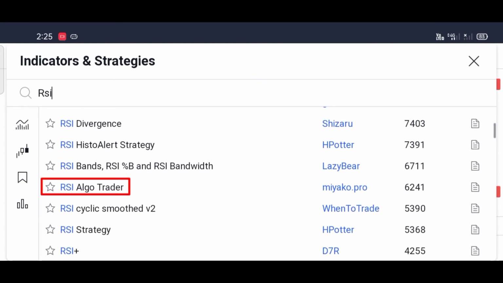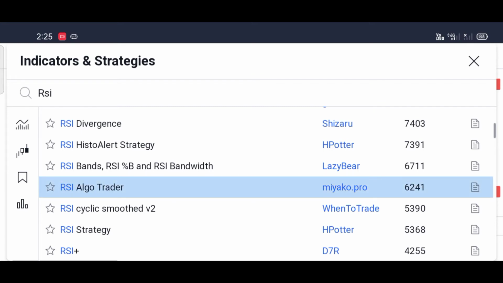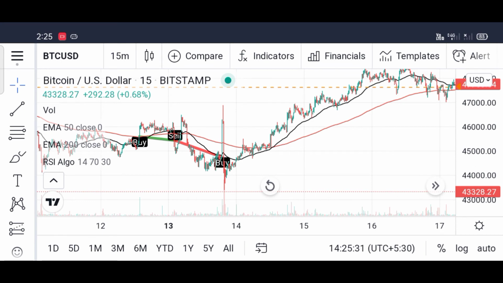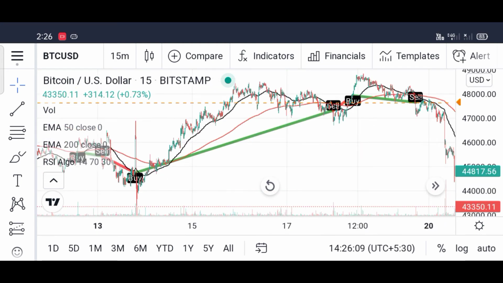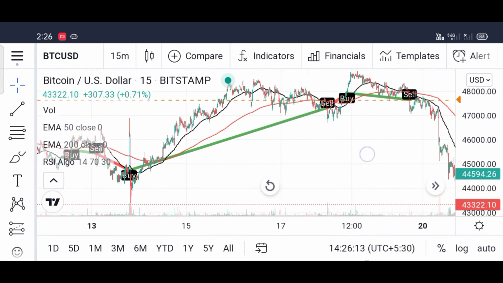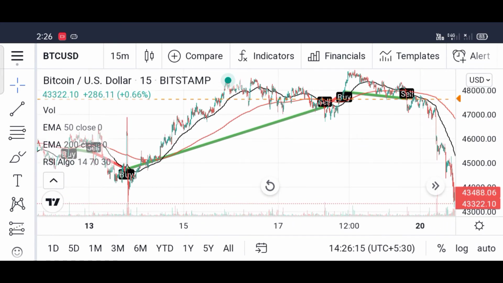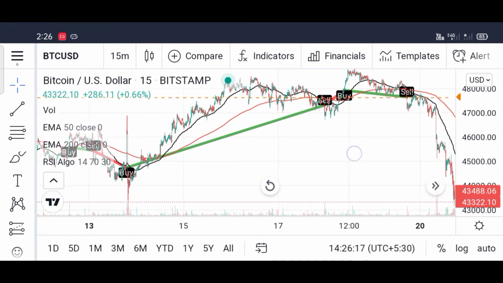Click on RSI Algo Trader. Now go back. By these RSI signals, when we find buy signal, we can buy asset, and when we find sell signal, we can sell our asset.